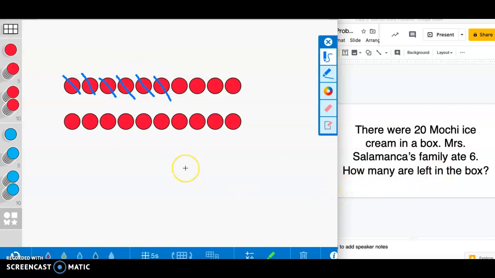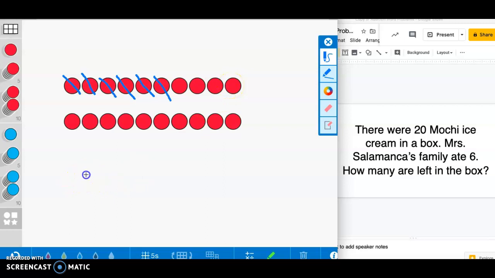How many are left in the box? Well, now I'm going to count what is left over, and hopefully you remembered yesterday my trick. So there's already 10 here, so I can just say 10, 11, 12, 13, 14. So there are 14 left.